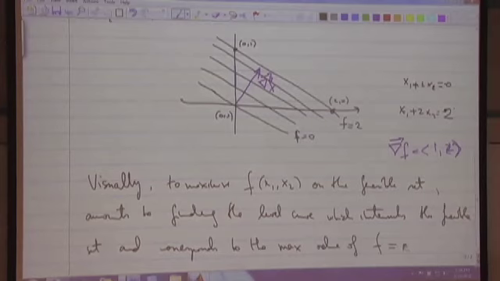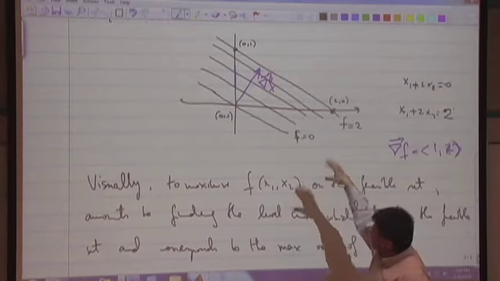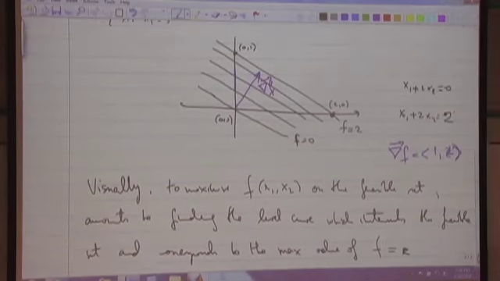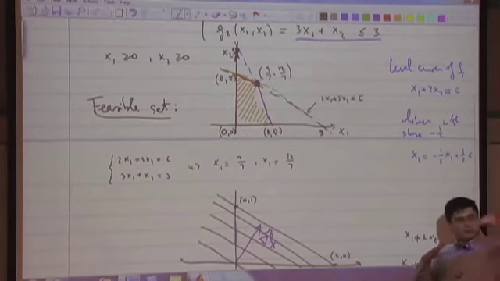f equals c. Okay? So you can imagine doing this, and because of the specific way the feasible set looks, where do you think it is going to hit? Where is that level set going to be? So it all depends on the slopes, right?